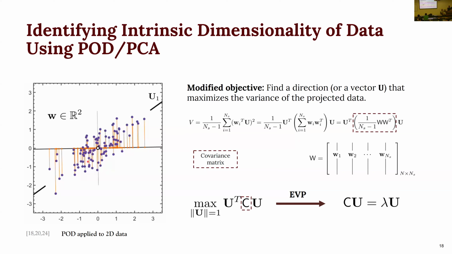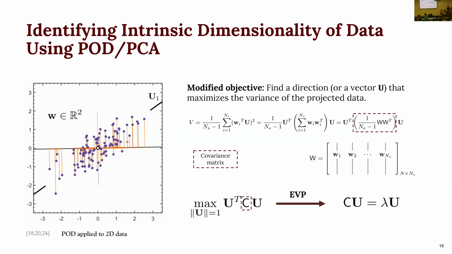The covariance matrix C is defined using this expression, and this W is a matrix that contains all these vectors as its columns. So essentially, if we can find U, then we know the best one-dimensional representation for this 2D data.